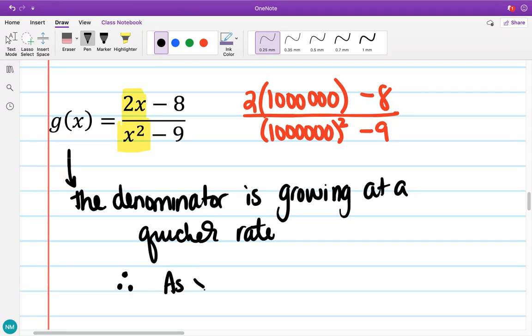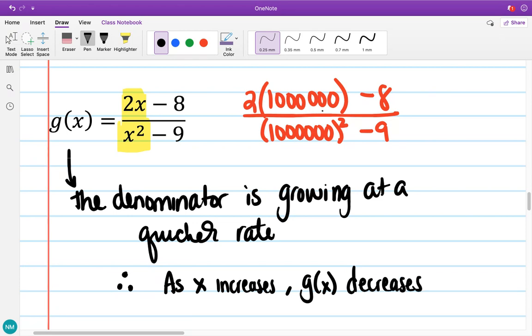So as x grows, the function, so f of x, or g of x for this one, what's the opposite of grows? Or I'll say as x increases, g of x decreases and gets closer and closer to what value?